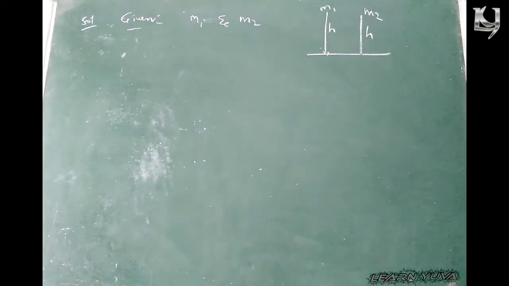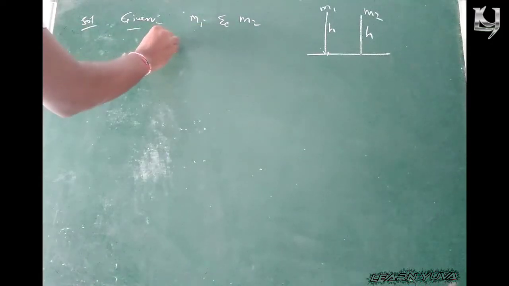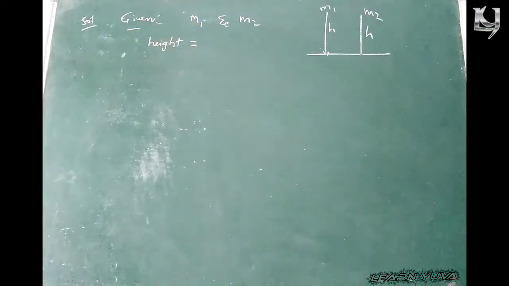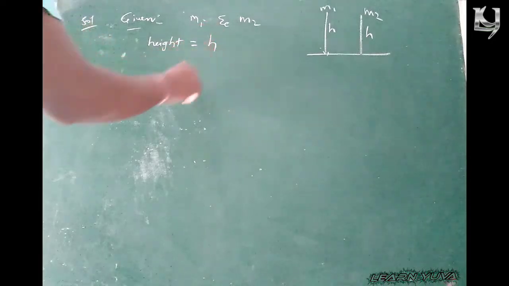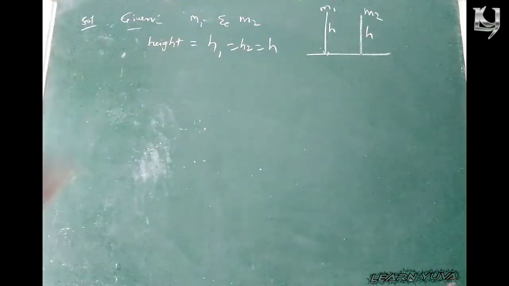So here m1 and m2, height is equal to h, h1 is equal to h2 is equal to h. For both masses the height is common. He asked for the ratio of their velocities.